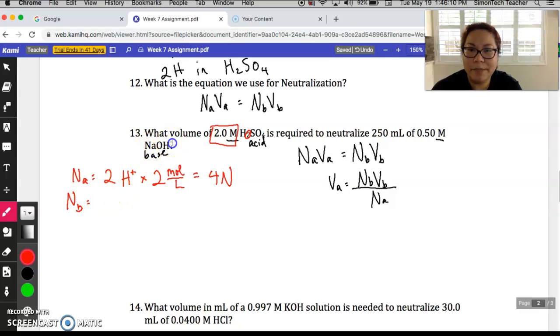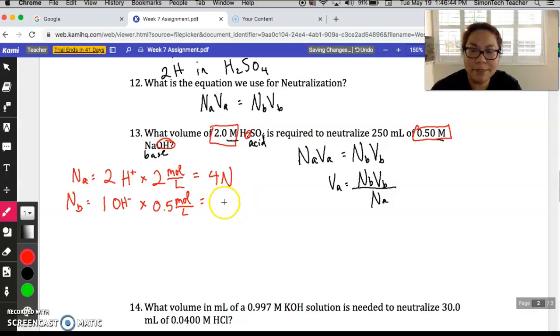So let's do the same thing for the normality for the base. And we know for the base, this is an Arrhenius base. It will have the hydroxide right there. And that itself, there is one hydroxide ion that is dissociated for every sodium. So for that one, it'll be 1 times the molarity of the base. And we've got the molarity of the base right here, 0.5, and molarity, remember, is moles per liter.